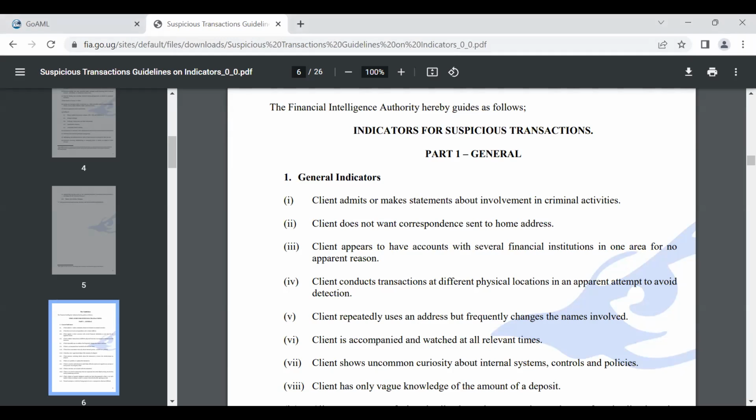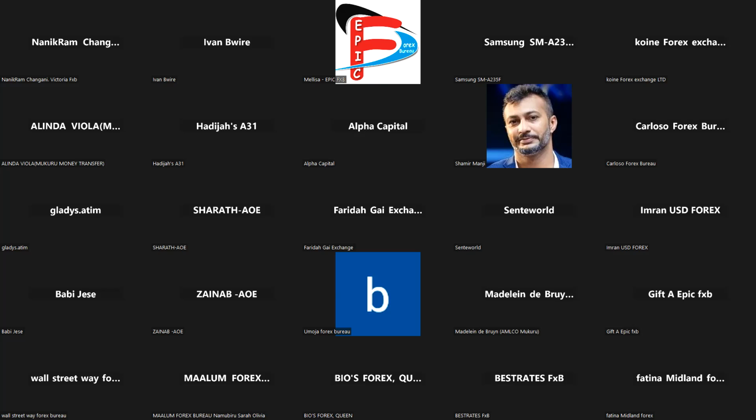Then the other question is, does the Forex Bureau need to capture customer identification for each and every transaction, irrespective of the amount? You're supposed to know your customers, and one of the ways is obtaining an ID from them.